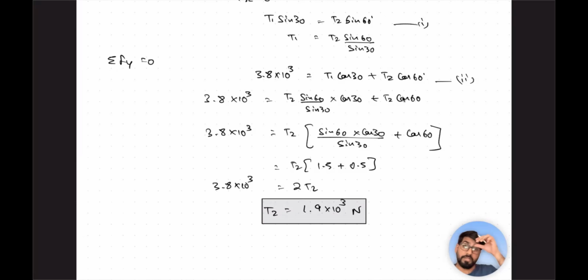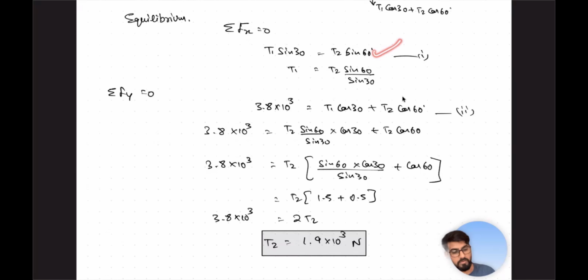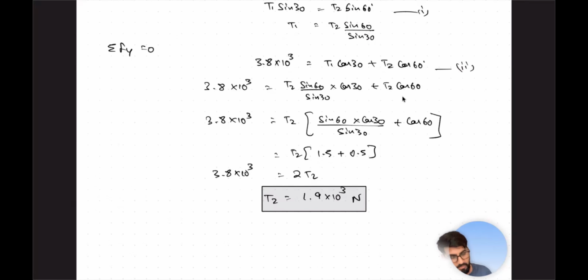Now once I got T2, you can plug it into either the first or the second equation to find T1. So I will find T1 using this equation. T1 is 1.9 into 10 raised to power 3 into sin 60 divided by sin 30. So 1.9 into sin 60 divided by sin 30.